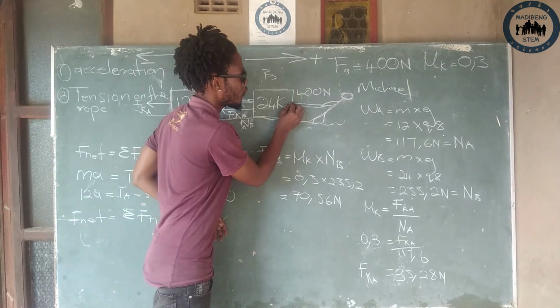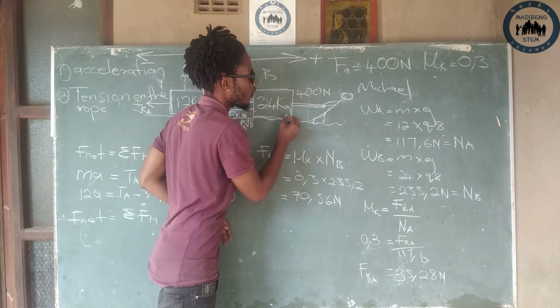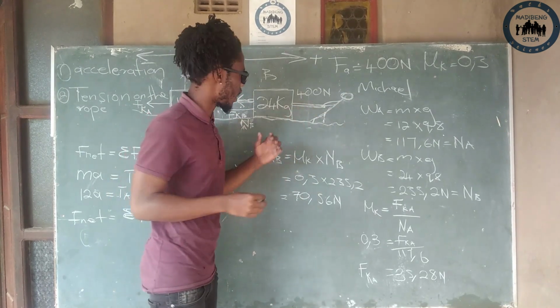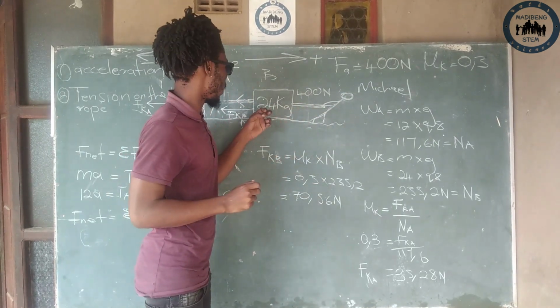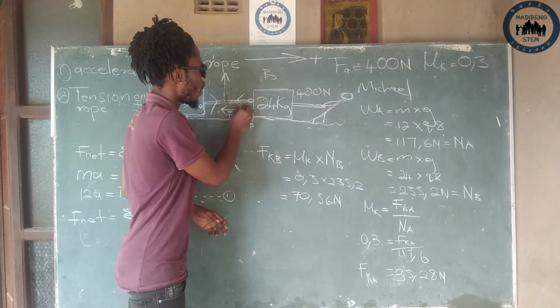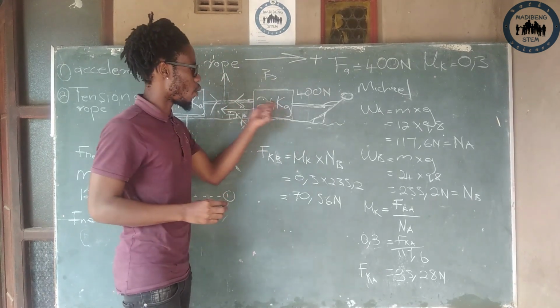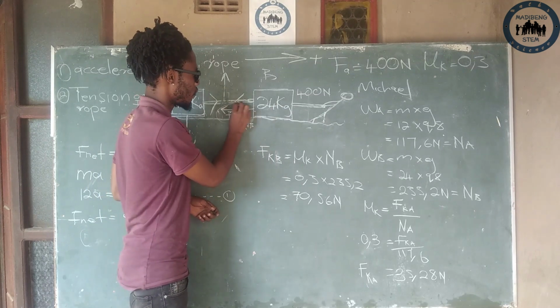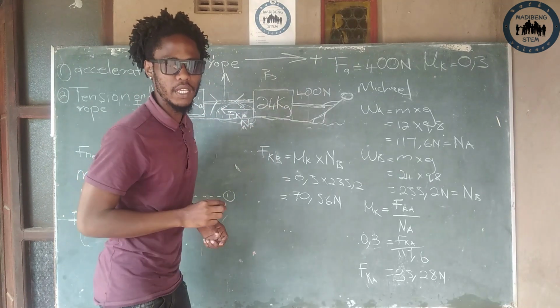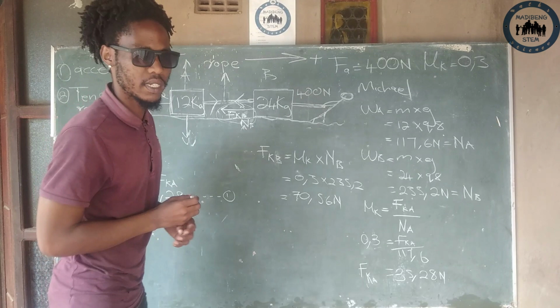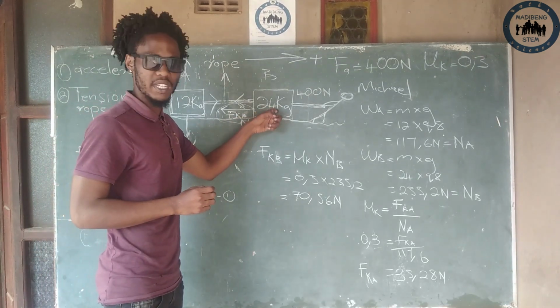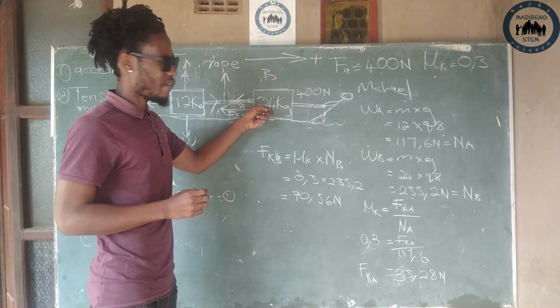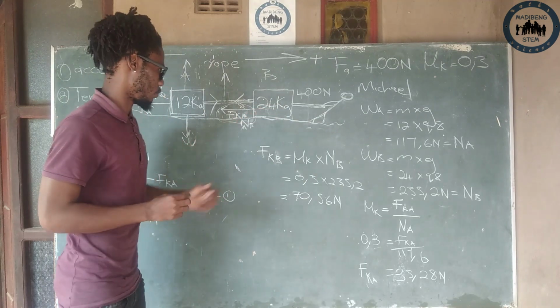The applied force acts horizontally on this object. We also have tension acting away from this object, and Fk, the frictional force experienced by this object alone.